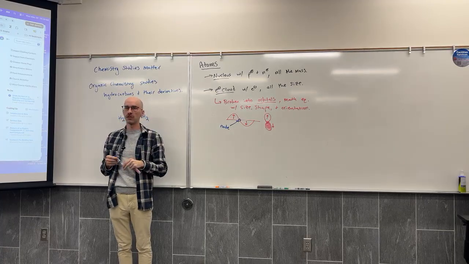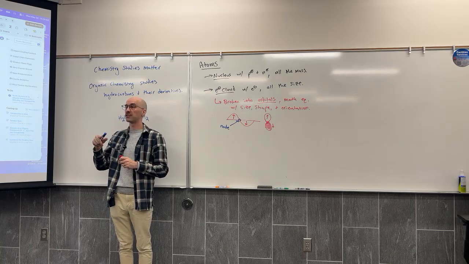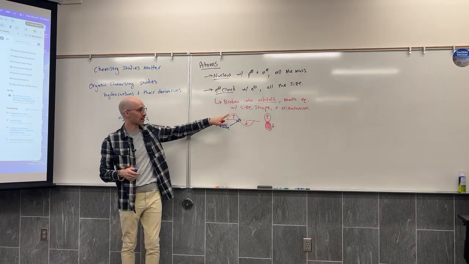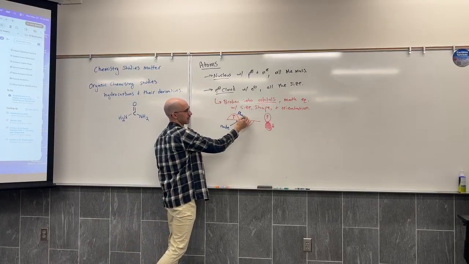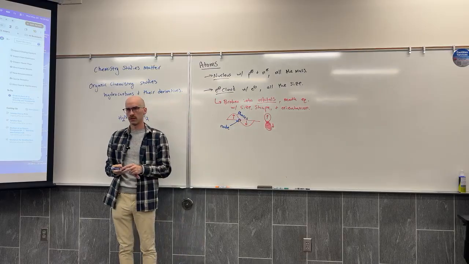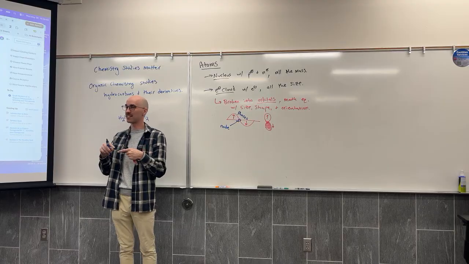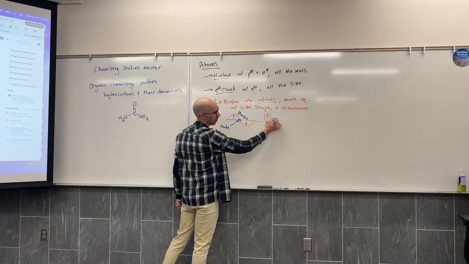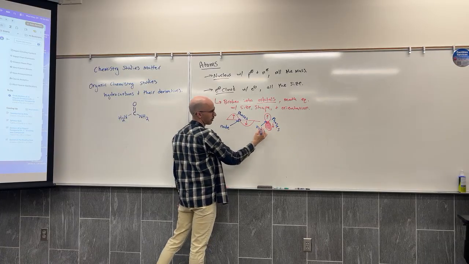So we say that the node is where the wave doesn't exist. We say the node is where the wave changes sign, where it changes phase. So these are different phases or signs, plus minus, going up, going down. And the node is where the wave doesn't exist because it's changing phases. So we're looking at the same thing here. These are our phases, and this is a node right in the middle.